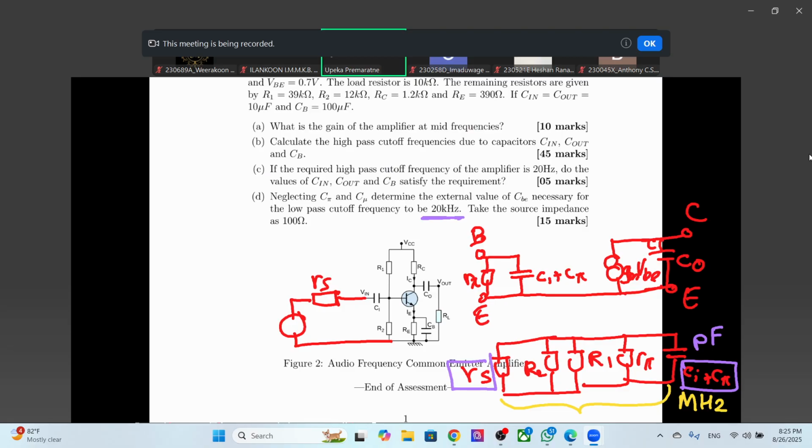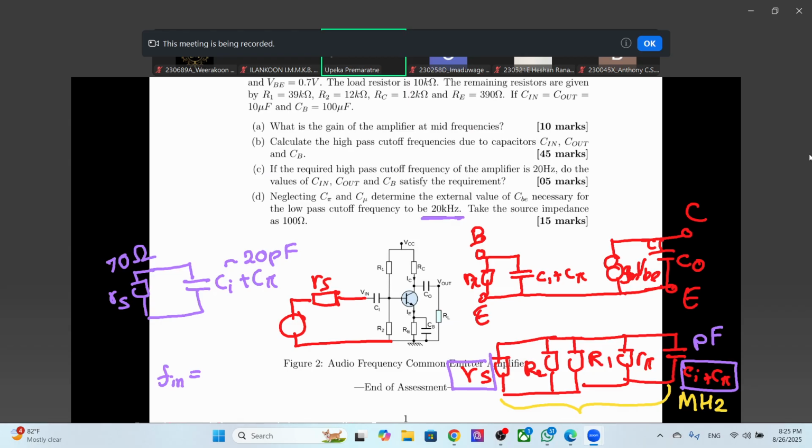If we take the high pass frequency values, then our cutoff frequency will approximately be Ci plus C pi, which in the previous example was approximately 20 picofarads, and the resistance will become approximately Rs, which in the previous example was 70 ohms.